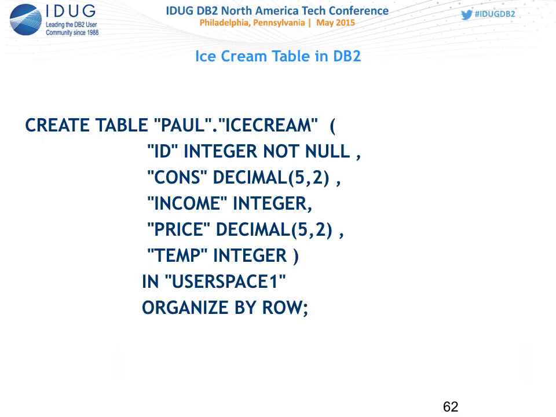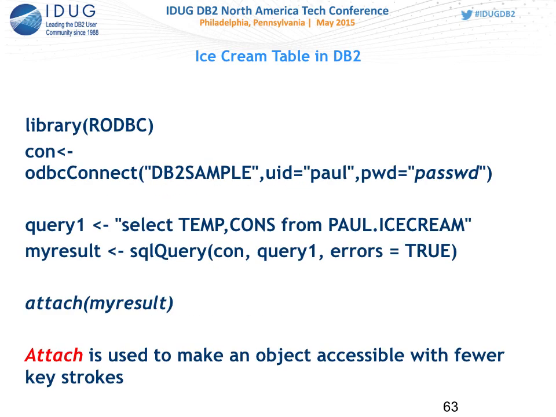So to really prove that this would all work if I did it in DB2 instead of pulling it from an ECDOT data thing, I took that data that had been in there and I loaded it up in a table, and I had the instructions for exactly how I did it. So I now have an ice cream table, same data as in the flat file, and then read it in there, built the equation the same way, attached the result, and now I have it in a result.